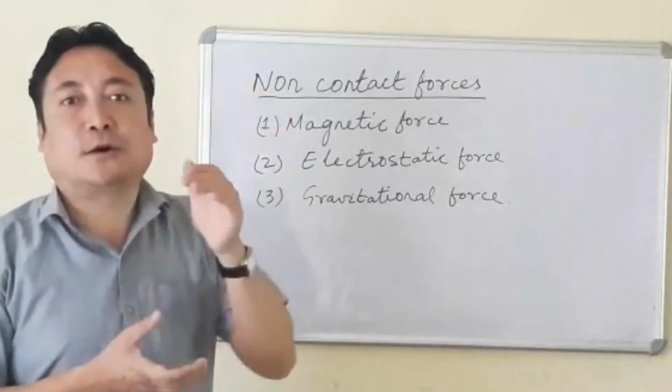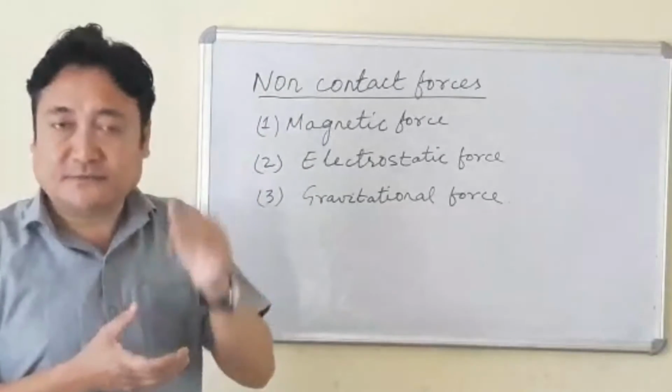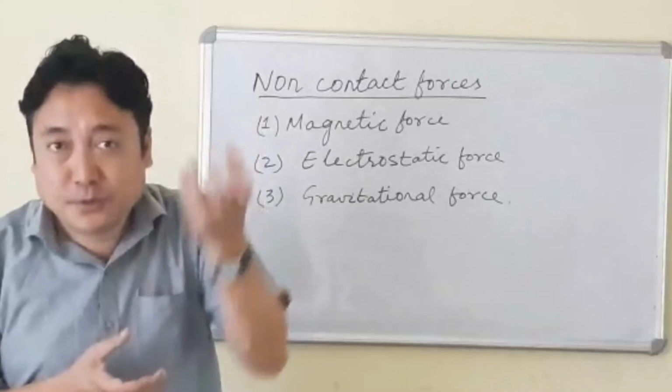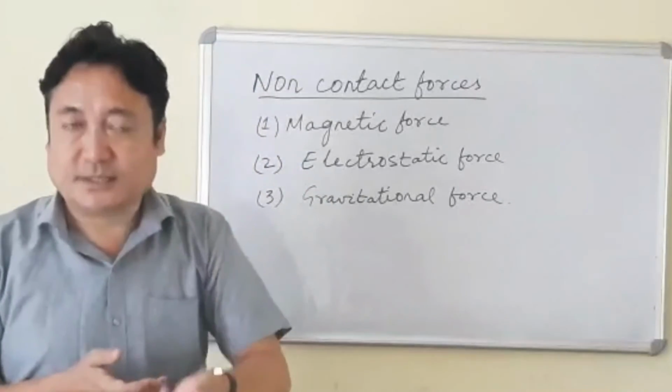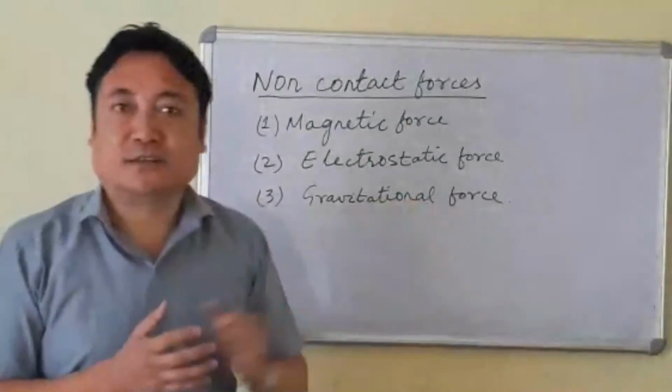So what makes that object fall on the ground is some force: the earth will pull that object towards it, and that force we call the gravitational force.